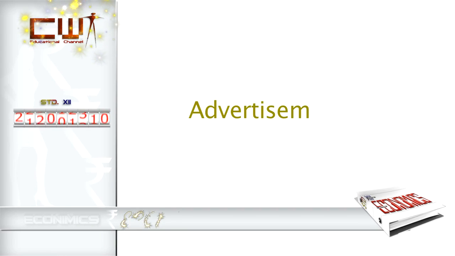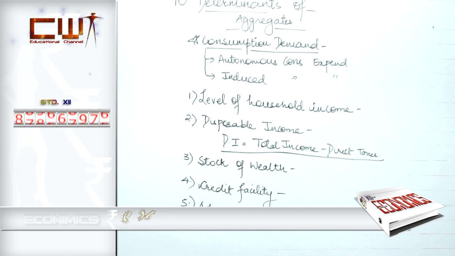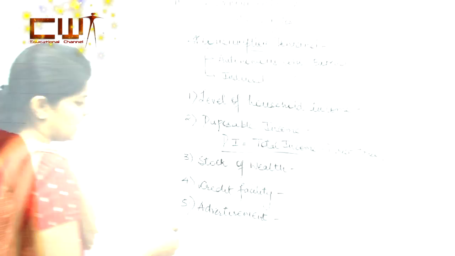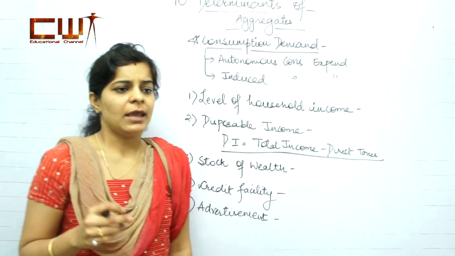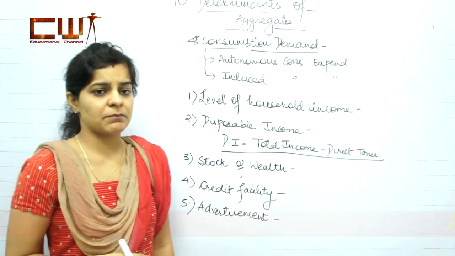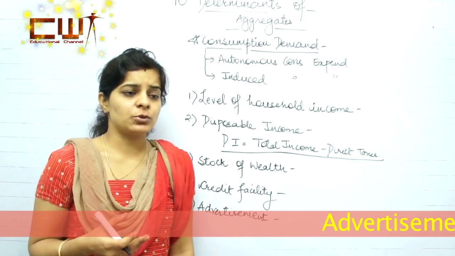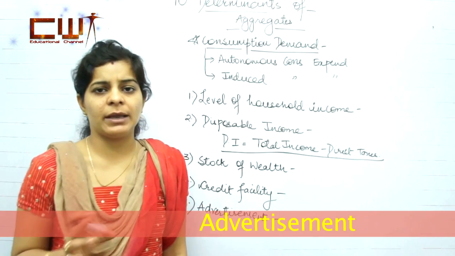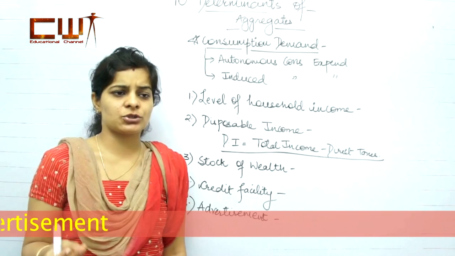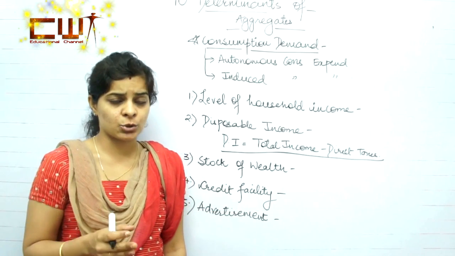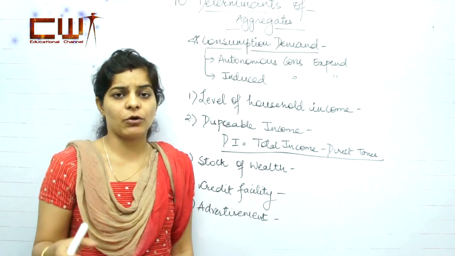Next is advertisement. Consumption demand increases due to effective and informative advertisements and promotions such as free gifts, discounts, etc. Whenever we go out to shop, if you are getting something free with some product, like suppose you are buying a jam and you are getting some kind of soup free with it, or you are taking a bottle of sauce and getting a soup packet free with it, you will definitely go for it.